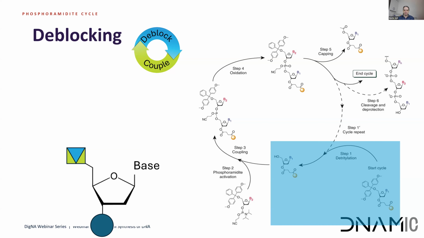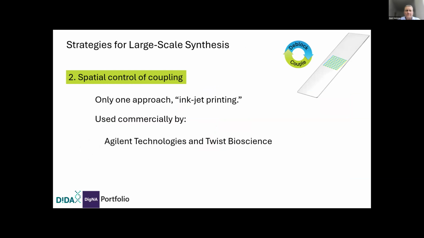Let me do this in sort of reverse order, and first talk about strategies for spatial control of coupling. I start with this just because there's only one approach which is in use. It's less common, but that doesn't mean it's worse or inferior in any way.